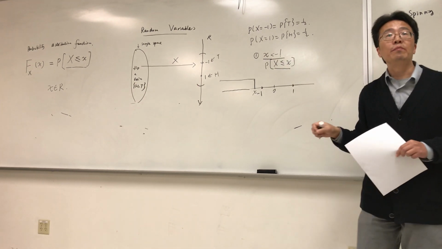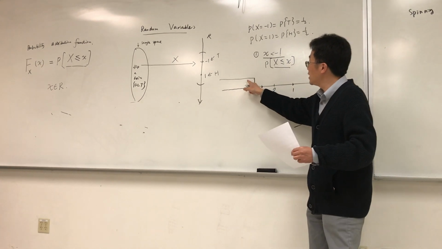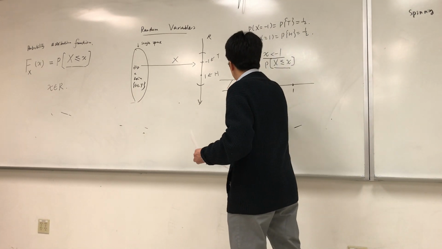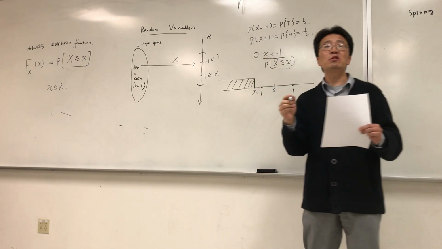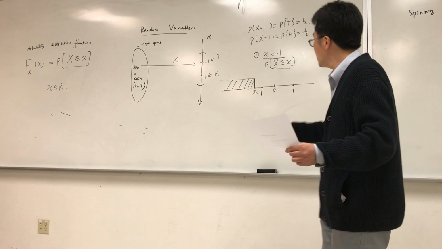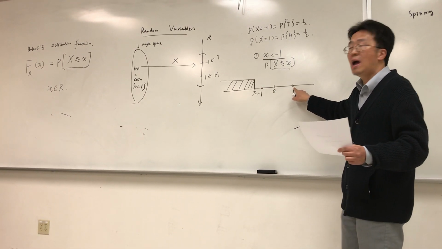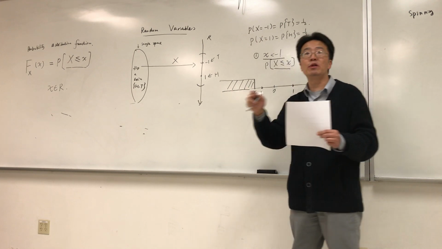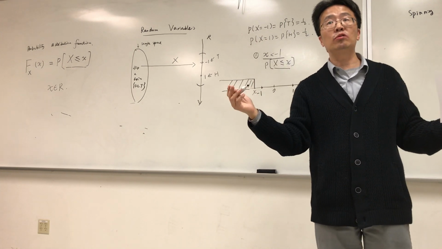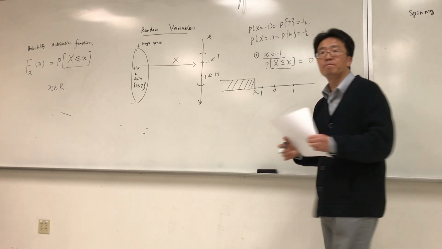Under this constraint, x less than -1, what's this probability? It's 0, because obviously this range doesn't include either head or tail. Tail corresponds to -1, head is 1, and this interval does not include any of them. In other words, the probability is 0, right?